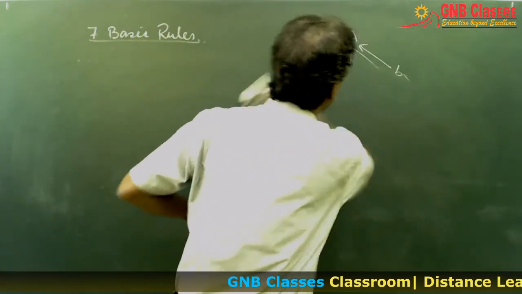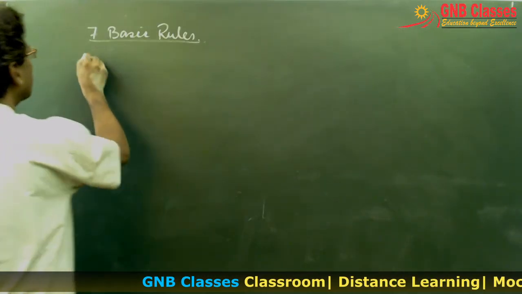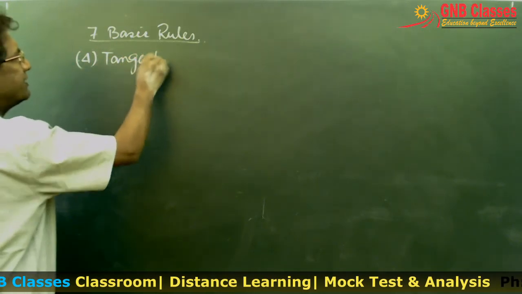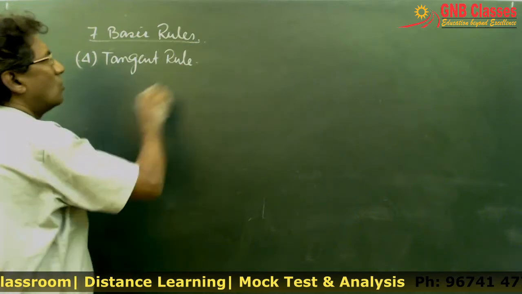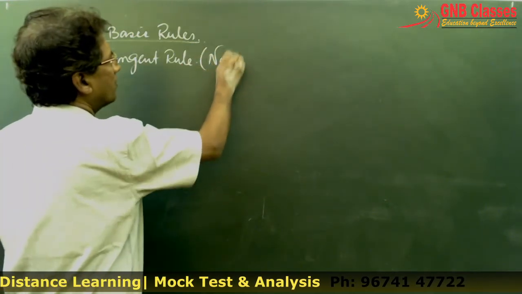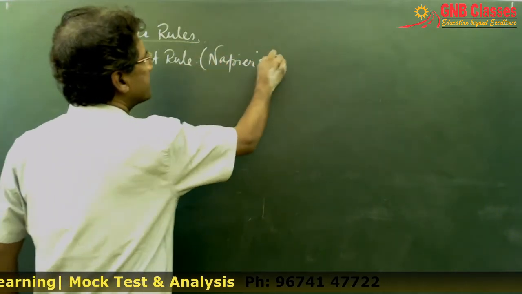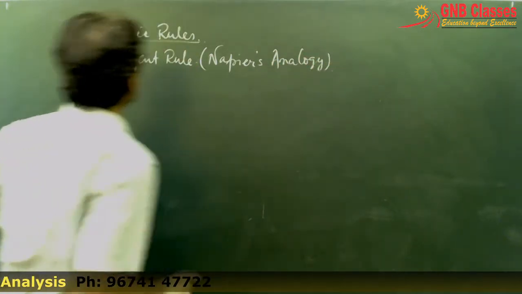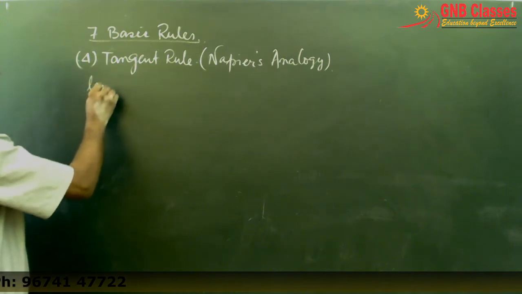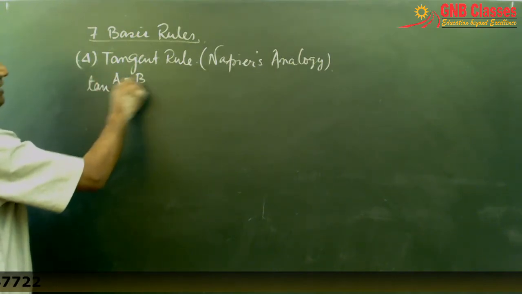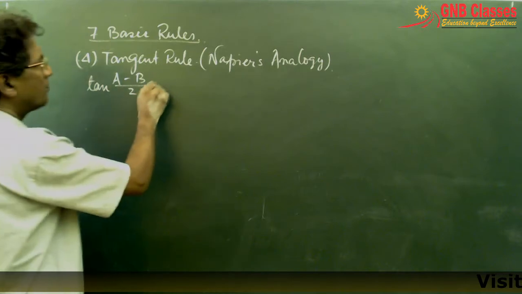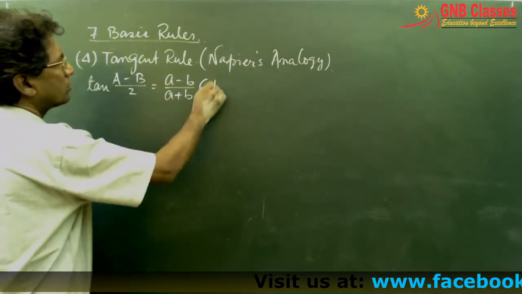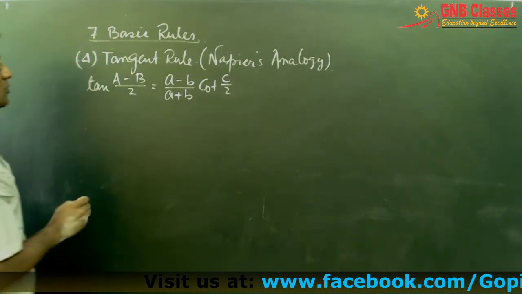Now let us come to the fourth rule, which is called the tangent rule, or Napier's analogy. It states that tan (A minus B)/2 is (A minus B)/(A plus B) cot C/2.